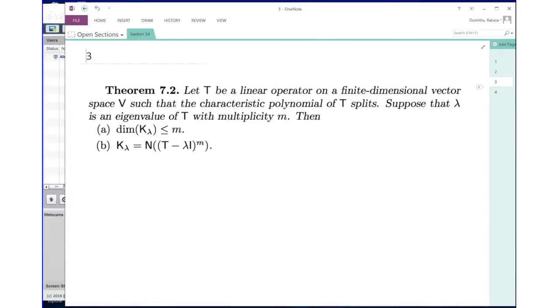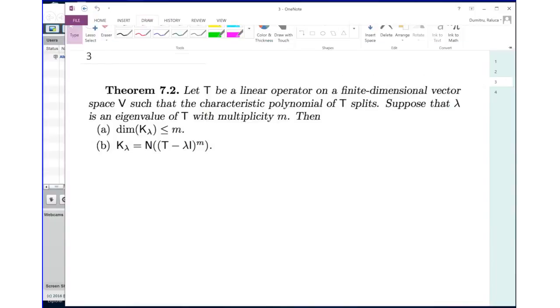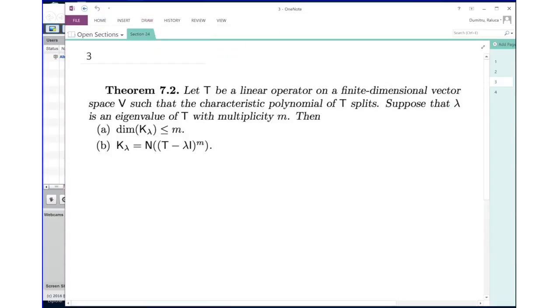What more? In terms of its dimension, here's what happens. If lambda is an eigenvalue of multiplicity m, then the dimension of K lambda cannot exceed m. And more than that, here is how you find K lambda: the null space of T minus lambda identity raised to the power which is the multiplicity of the eigenvalue.